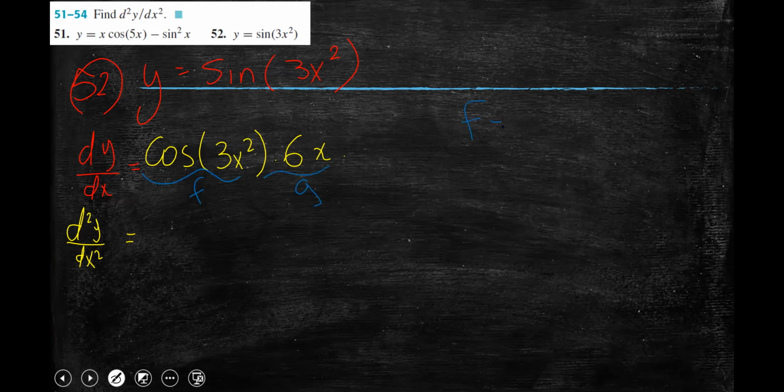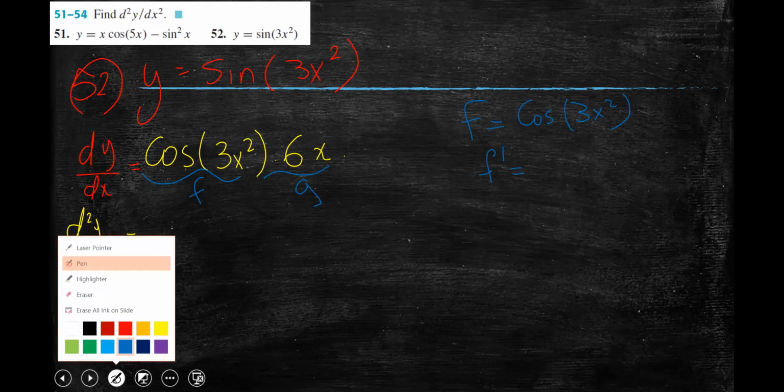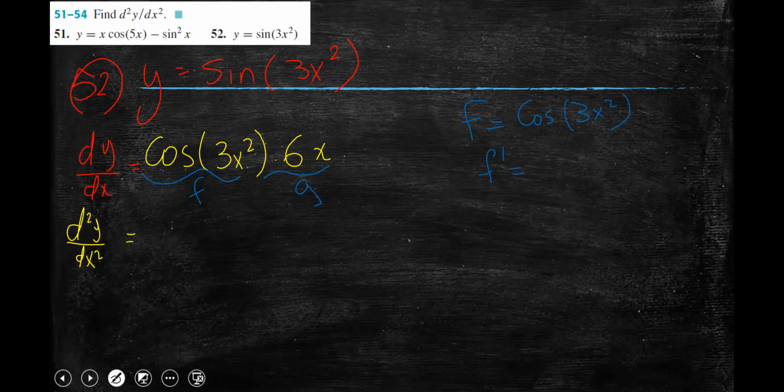If f is cosine 3x squared, then f prime will be, what is the derivative of cosine? Negative sine 3x squared times 6x. Now g is 6x, so g prime will be 6.